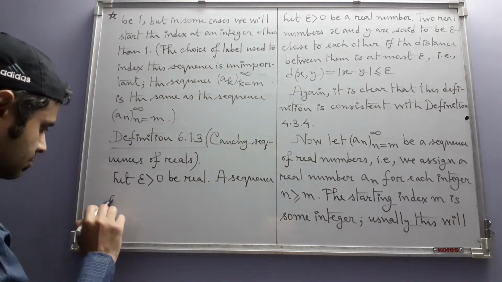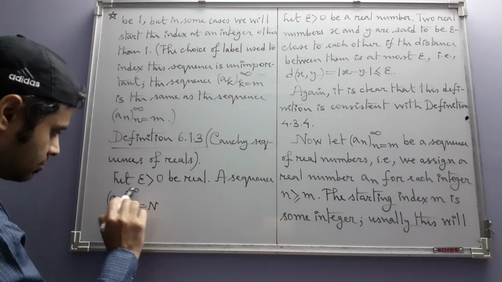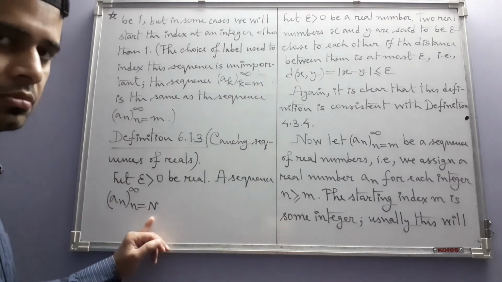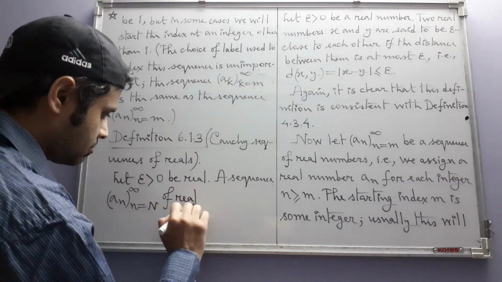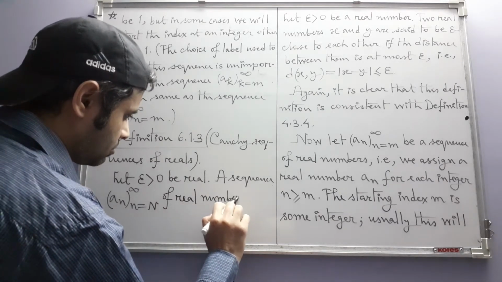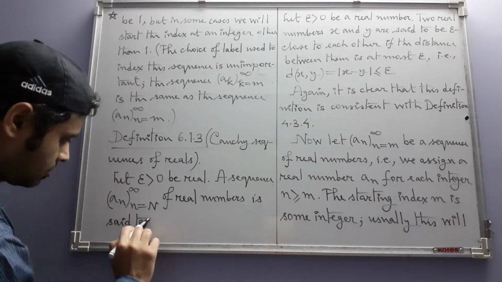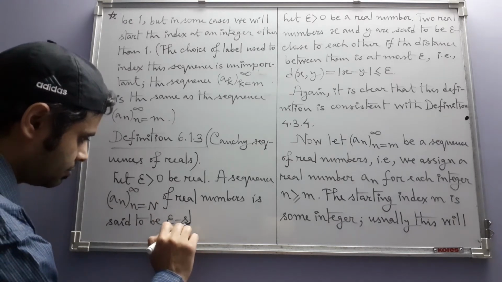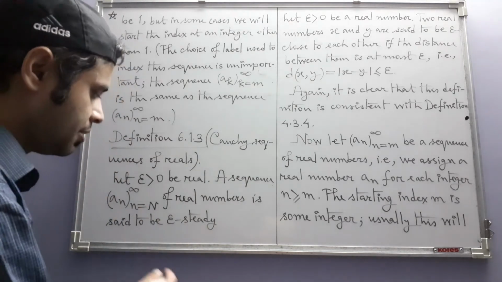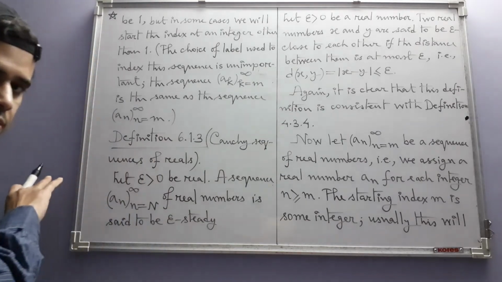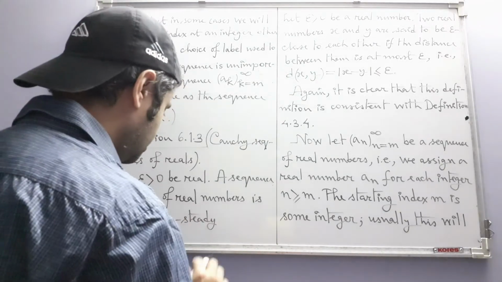A sequence an, where n varies from N to infinity, where capital N is some chosen integer, of real numbers is said to be epsilon steady. And these things are just like what we had before. Recall that exactly similar definitions we had before when we defined Cauchy sequences of rational numbers.